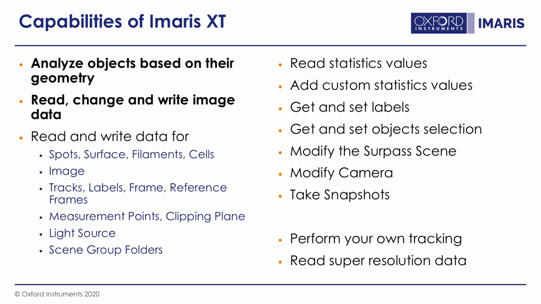Another example extension that we have is the read super resolution data. There we have super resolution data in basically a TIFF file, a special TIFF file that we don't have a proper reader for, but with the extension, we could load this super resolution data and then generate either spots or an image out of this data.